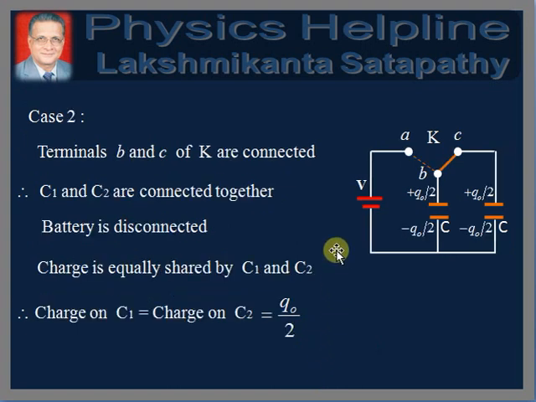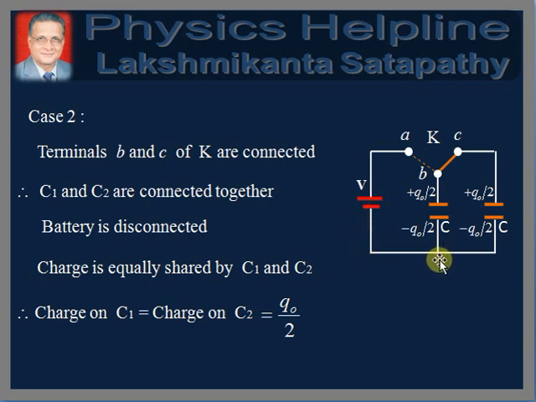In the second case, A and B are disconnected and we connect B and C. The two terminals B and C of the key are now connected. Therefore, the two capacitors C1 and C2 are now connected and the battery is out of circuit.